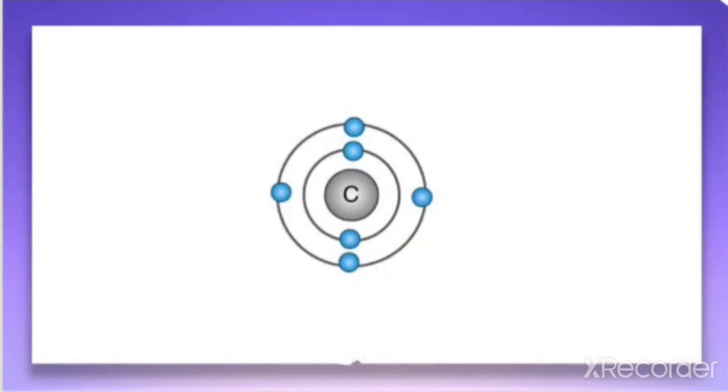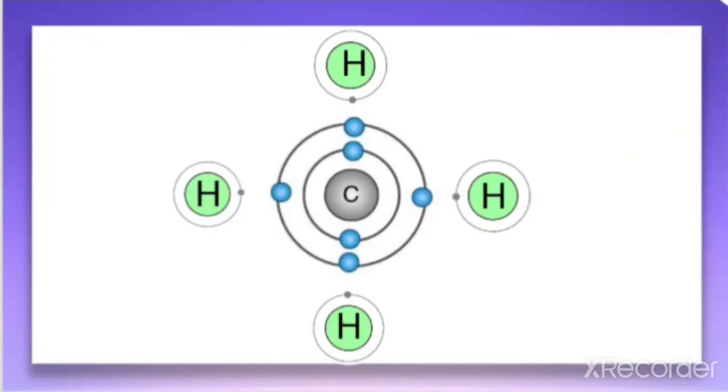But when there are 4 electrons, in that case it shares electrons with other atoms. Like the case of carbon, it needs 4 electrons. So these electrons will be shared with the electrons of other atoms like hydrogen. In the case of hydrogen, a single electron is present.